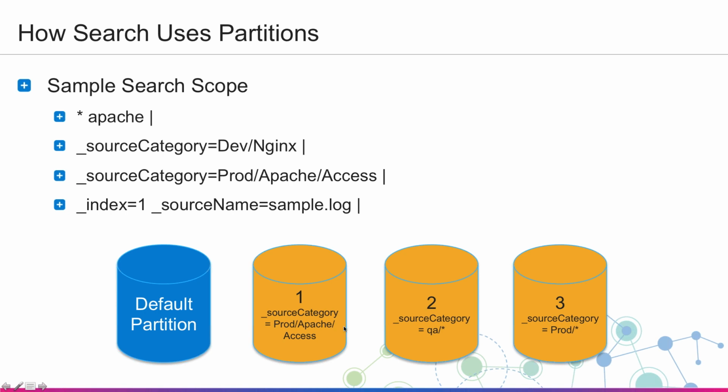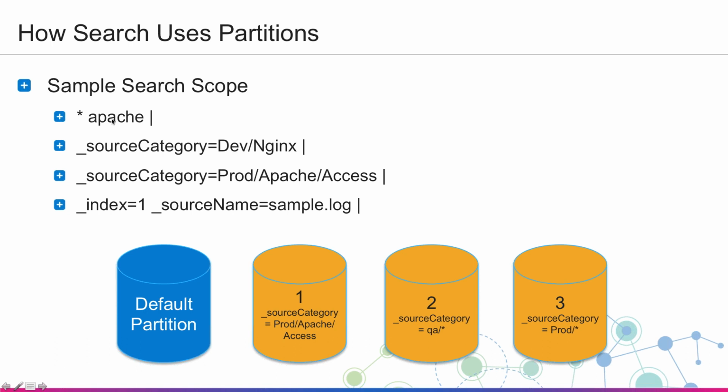One thing to note is that the routing expressions for partition 1 and partition 3 have overlapping data. One is prod star and the other is prod Apache access. This is a no-no. But of course, we have encountered situations where we found partitions in a customer's environment where there was overlapping data.